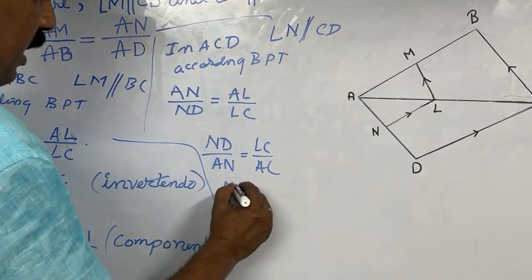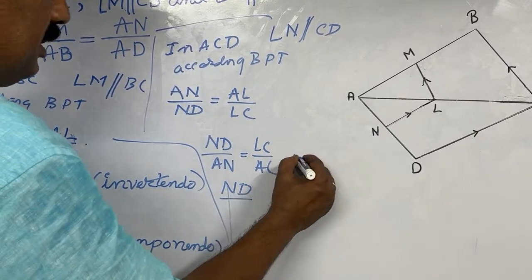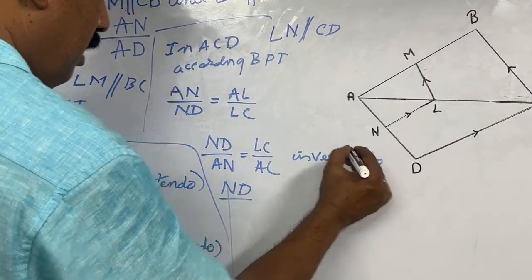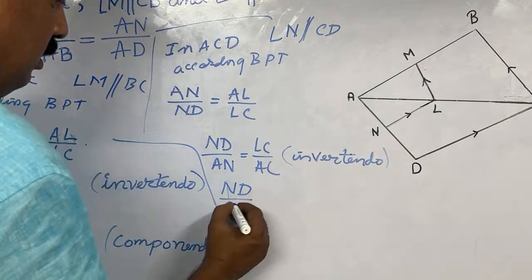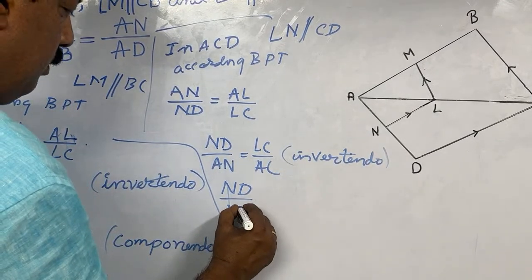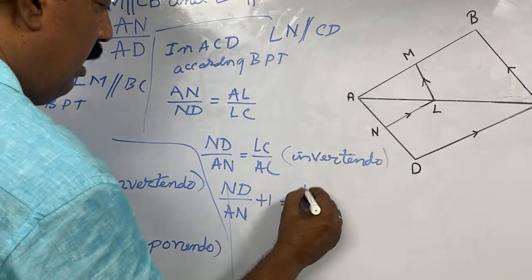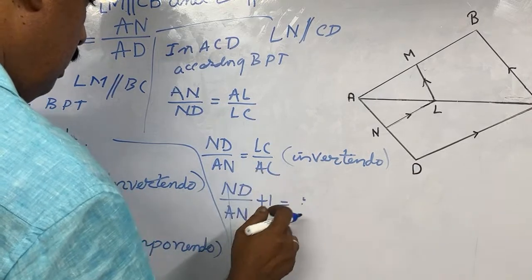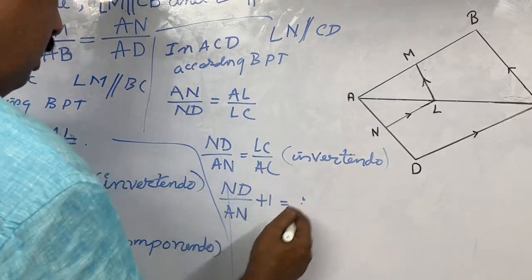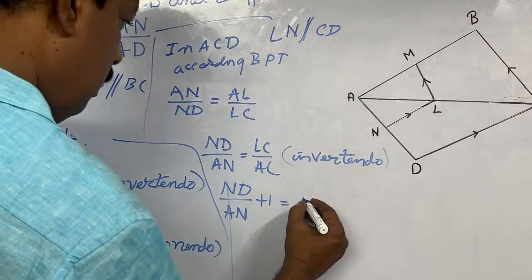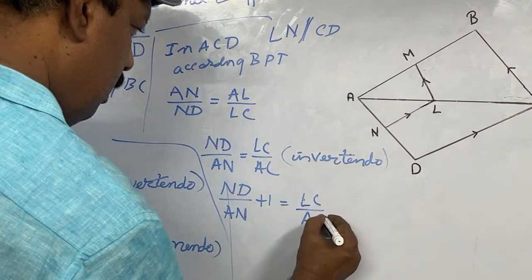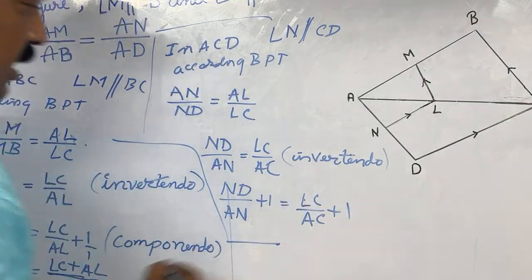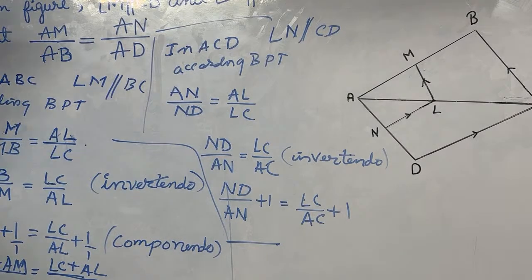And we are going for componendo here, adding plus 1 on either side. After invertendo, we take the LCM.